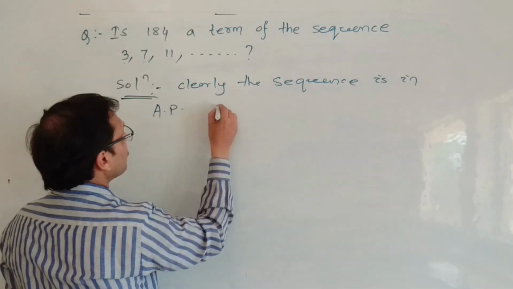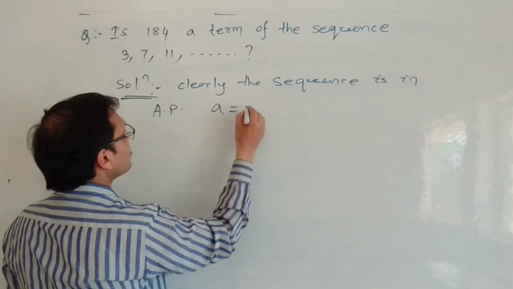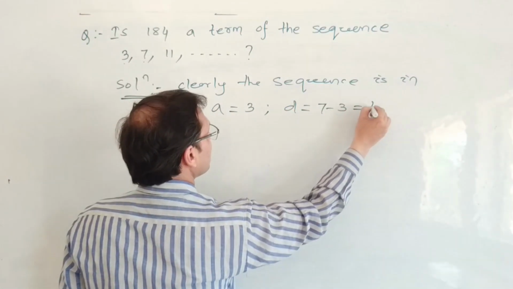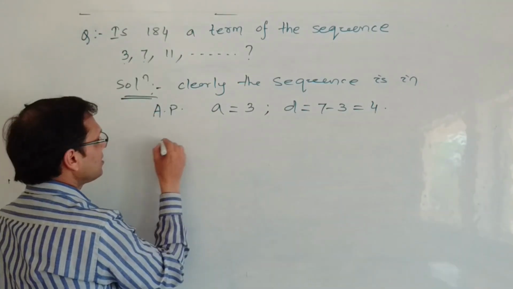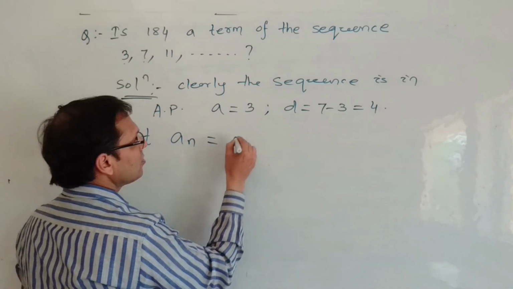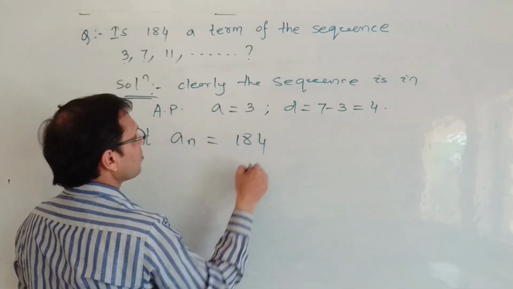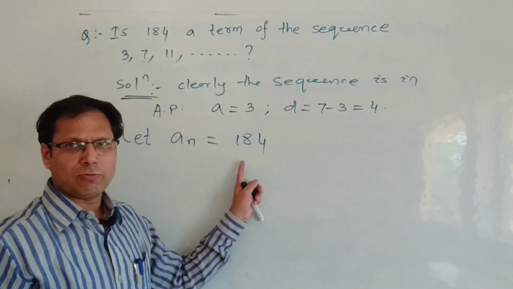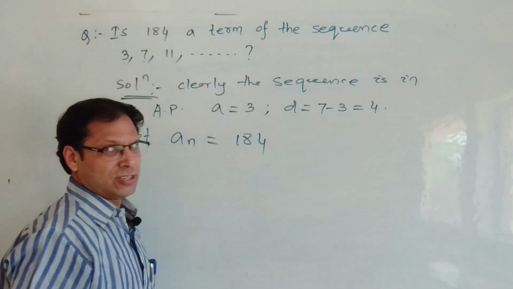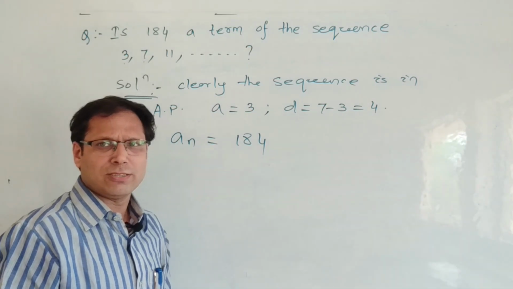So now with the first term A is equal to 3 and the common difference D is equal to 7 minus 3, that is 4. Let An be equal to 184. You have to check whether 184 is a term in this sequence or not.